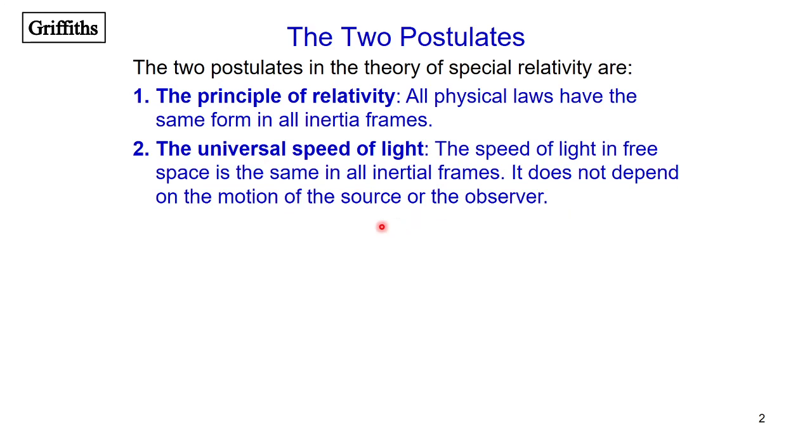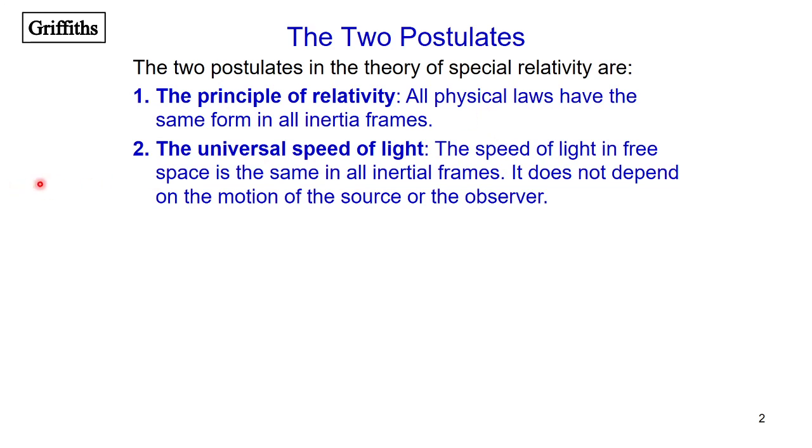So if we have an incoming light, we measure the speed. If two trains, one comes from right to left, the other comes from left to right, and we have a ball released from here to here, the physics laws have the same form in this frame, and in this frame, or in the rest frame.